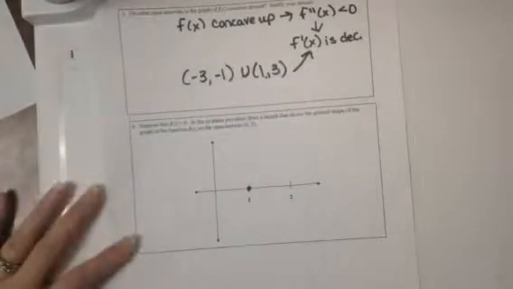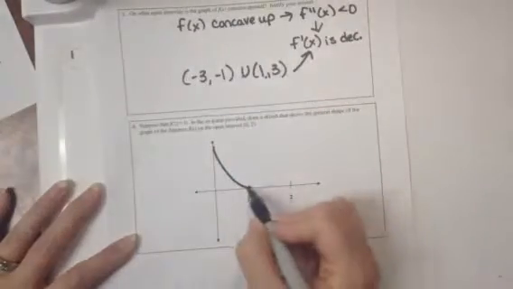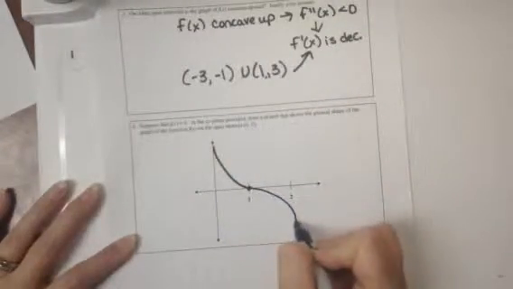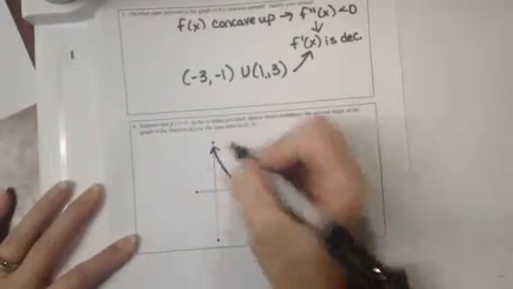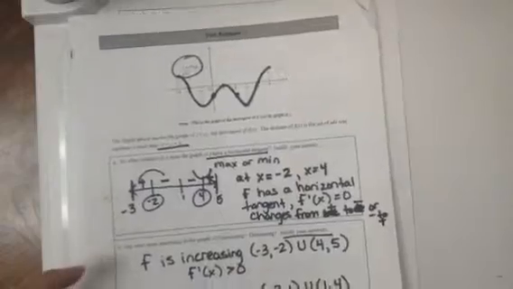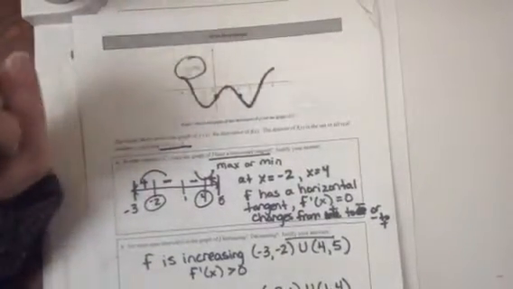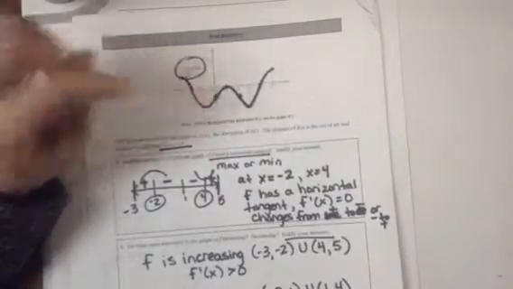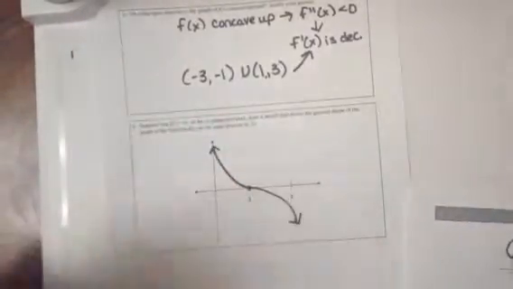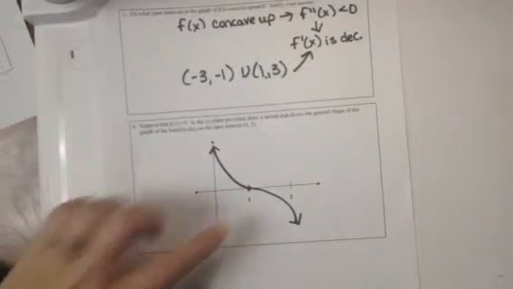It's concave up and then concave down afterwards. So the graph would look something like that because, according to this, the original function is all negative from 0 to 2, because the first derivative is negative. So it is decreasing all the way across, but it does change in concavity. So the graph would look like that.